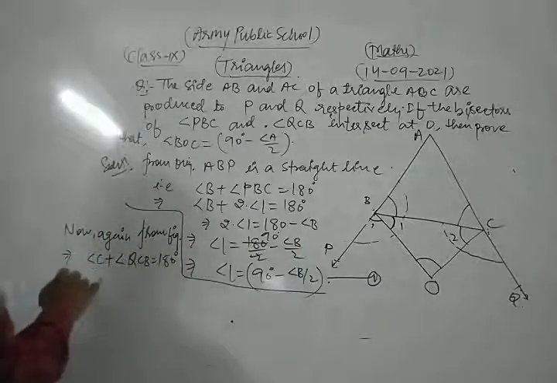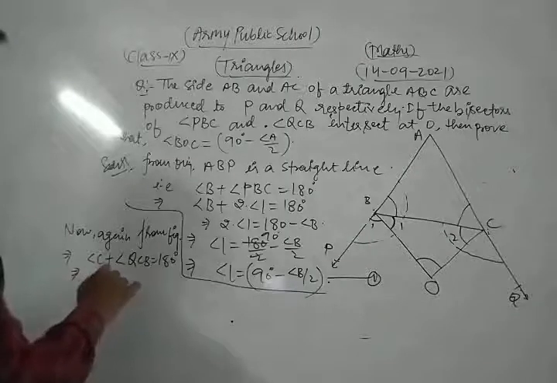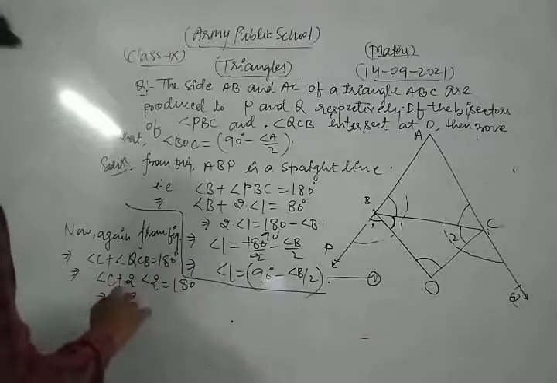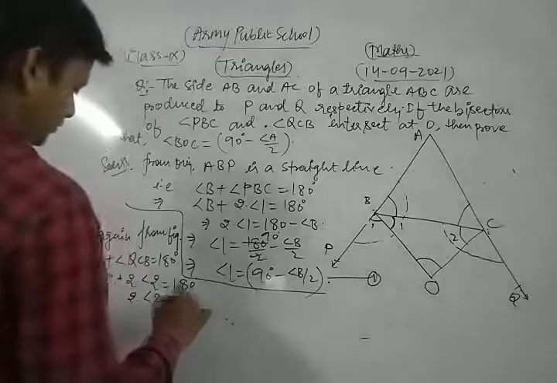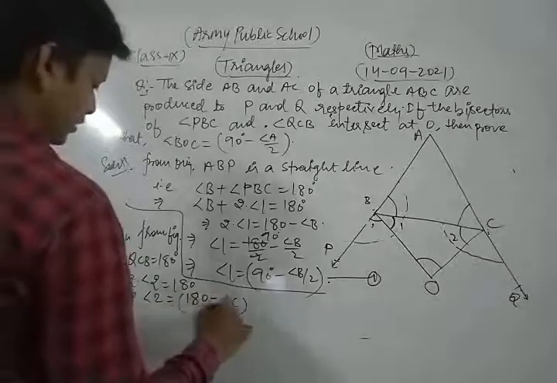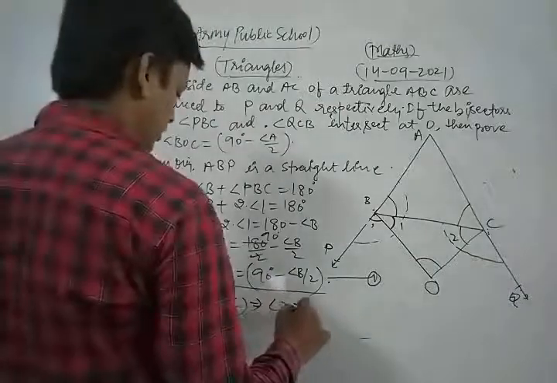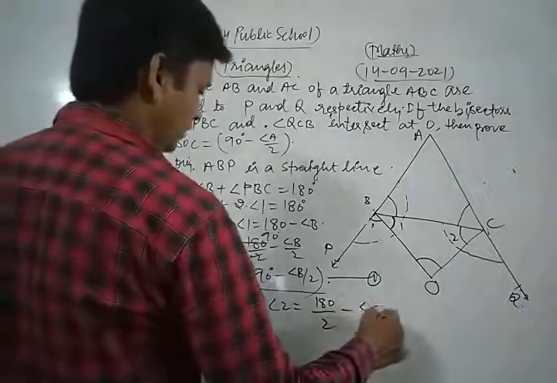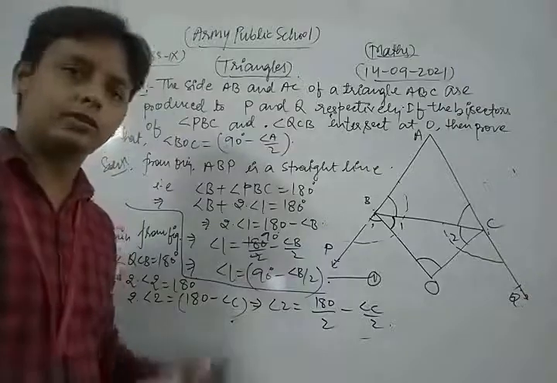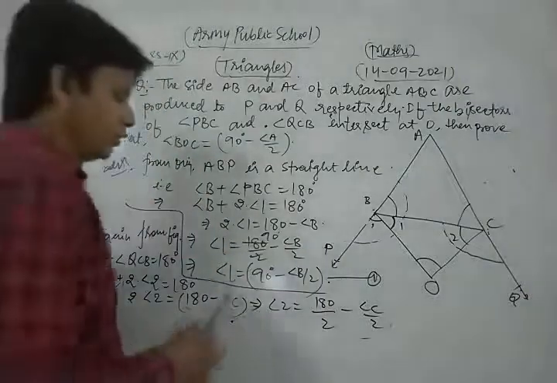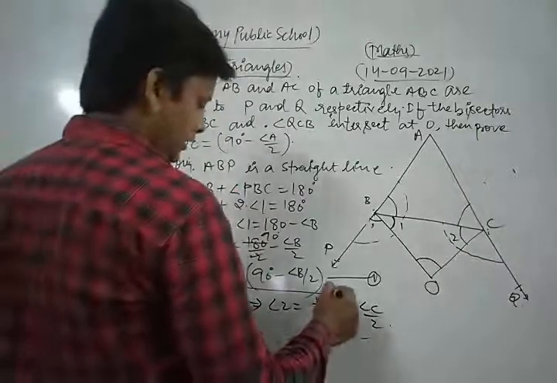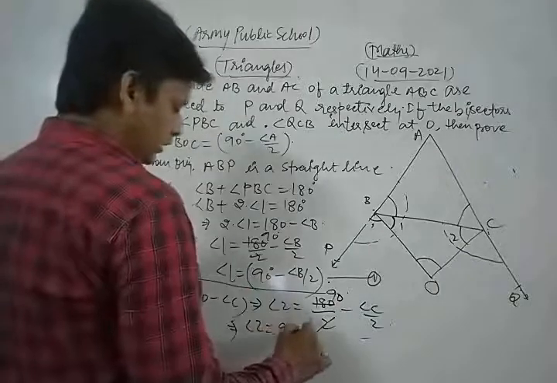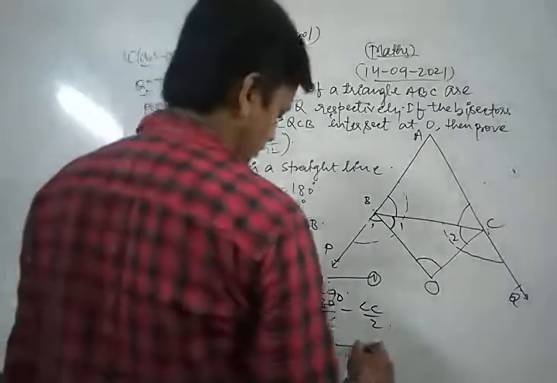We can write angle QCB as 2 times angle 2, so angle C plus 2 times angle 2 is equal to 180 degrees. So 2 times angle 2 is equal to 180 minus angle C. Now angle 2 is equal to 180 upon 2 minus angle C upon 2, so we get the value of angle 2 as 90 degrees minus angle C by 2. We will take this as equation number 2.